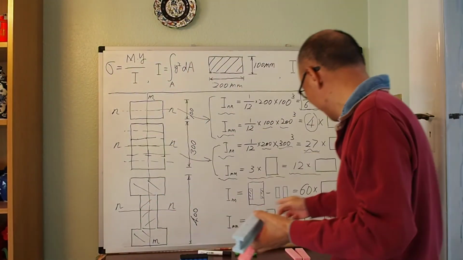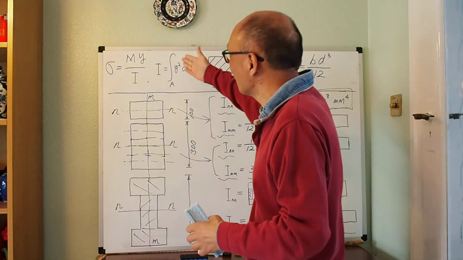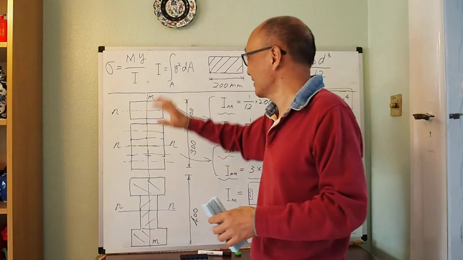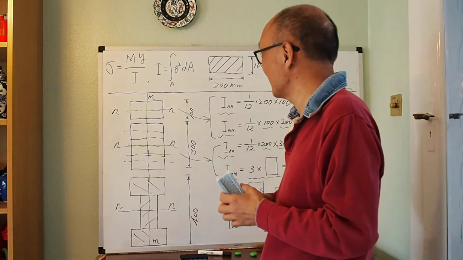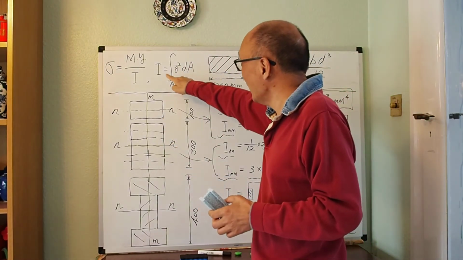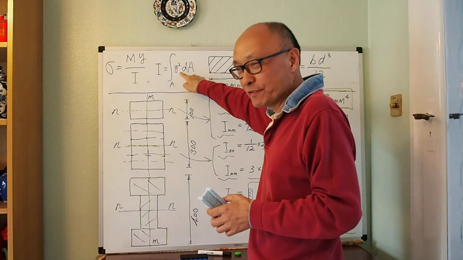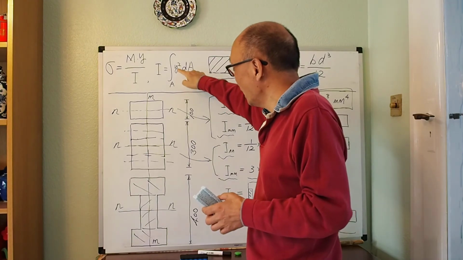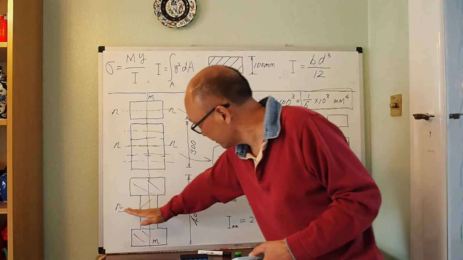So now let's come back to this mathematical equation, this integration. I said it's quite hard to imagine what it means. To make I bigger, think of that equation: what you need to do is put material away from this neutral axis, this neutral plane.